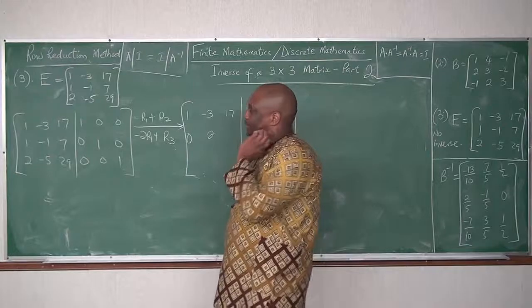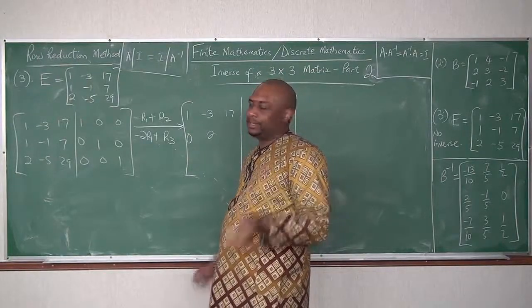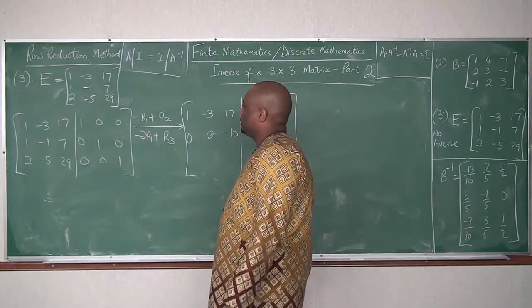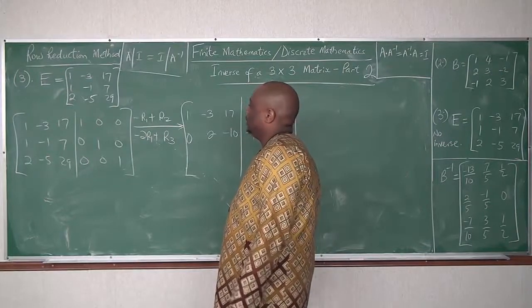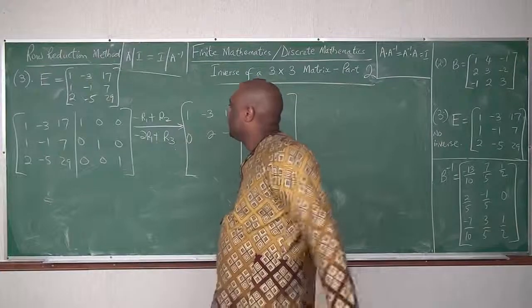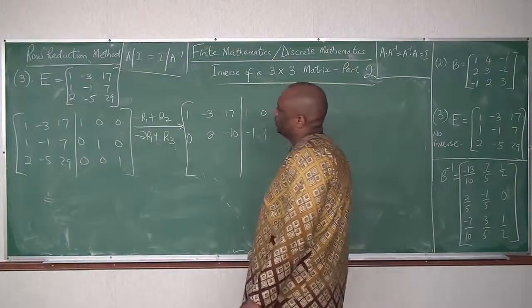Negative 17 plus 7 is negative 10. Negative 1 plus 0 is negative 1. 0 plus 1 is 1. Right?